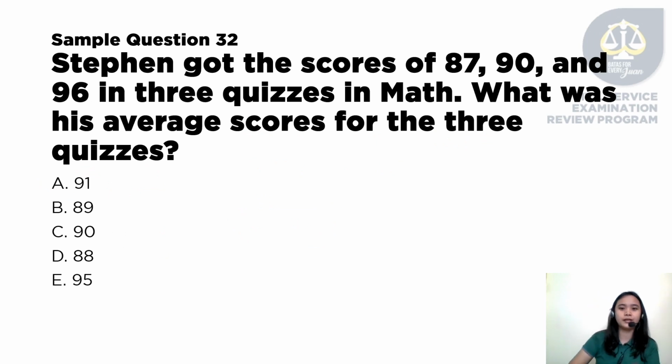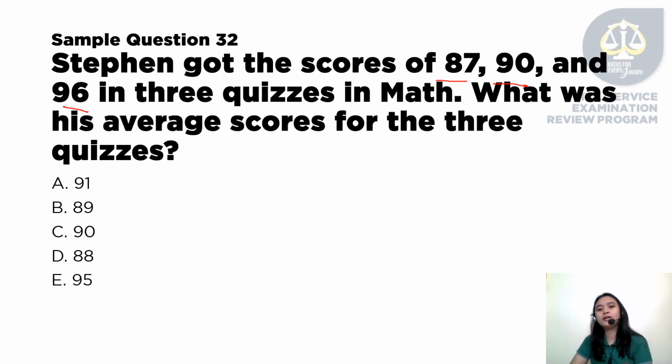So, proceed tayo sa next question. Stephen got the scores of 87, 90, and 96 in 3 quizzes in mathematics. So, what was his average scores for the 3 quizzes?